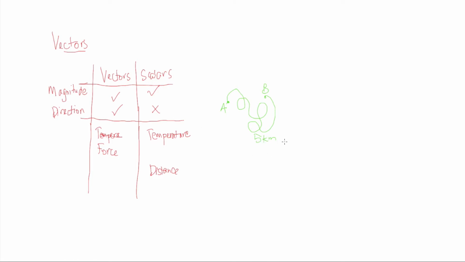My distance is 5 kilometers. While if I asked you what your displacement was, you would tell me that the displacement is maybe only 1 kilometer, right? That is my displacement.